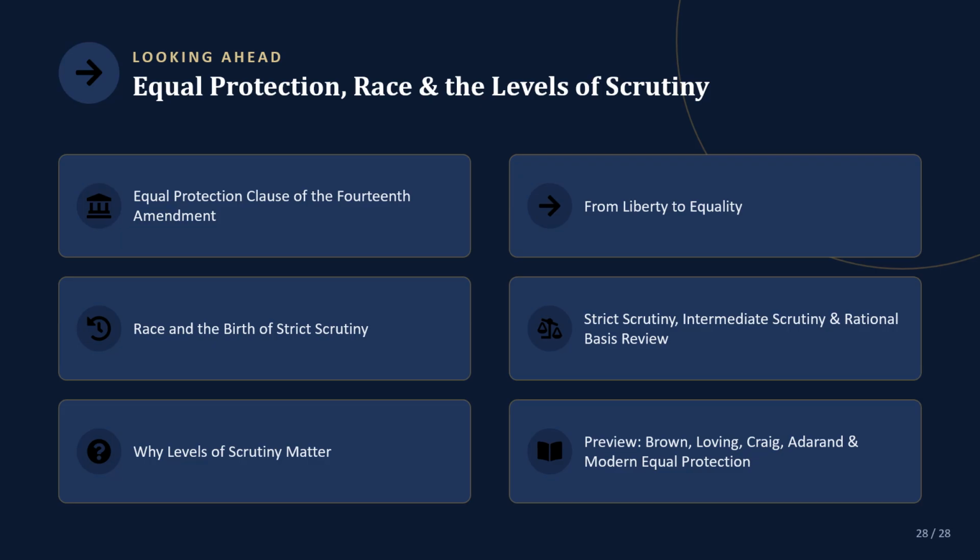These are terms that we've already talked about a little bit today in Glucksberg and Vacco's use of rational basis review, and Roe's use of strict scrutiny for the first trimester regulations. But next week, we are going to talk about Brown and Loving and Craig and a whole bunch of others in terms of modern equal protection, and we're going to discuss it more broadly.